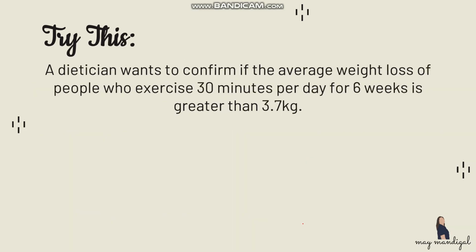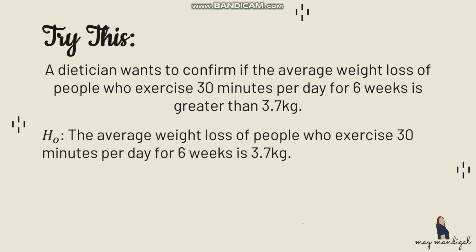And lastly, a dietitian wants to confirm if the average weight loss of people who exercise 30 minutes per day for 6 weeks is greater than 3.7 kilograms. Here, we want to compare the average weight loss of the people who exercise with the hypothesized value, which is 3.7 kilograms. So again, for our null hypothesis, we want to state that there is no difference between our population parameter and our hypothesized value.